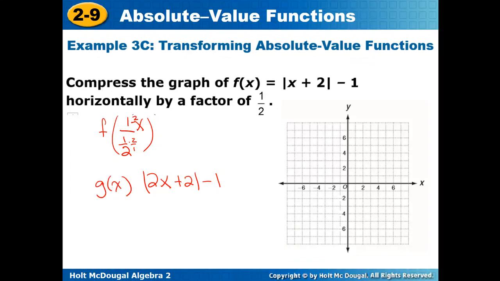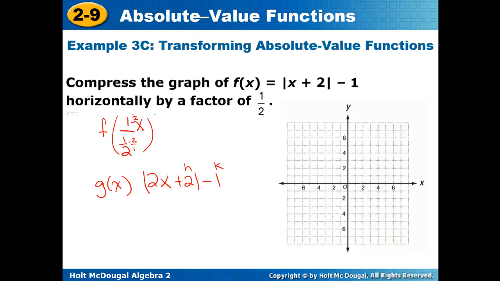All right, so let's look at where our points are on here. This is going to be our h, and this is going to be our k. So our h is at 2 over 2, because when x is 0, we have 0 plus 2.